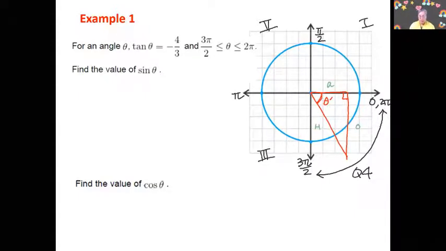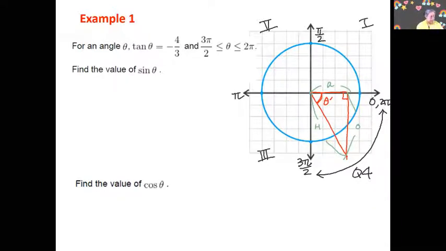Okay, you follow my logic? So first of all, we verify we're dealing with quadrant 4. Then the terminal side is placed in quadrant 4 and I can utilize this reference angle right triangle. Then I can verify my position of the reference angle theta apostrophe right there. Then around that angle, I can find hypotenuse, opposite, adjacent like this.